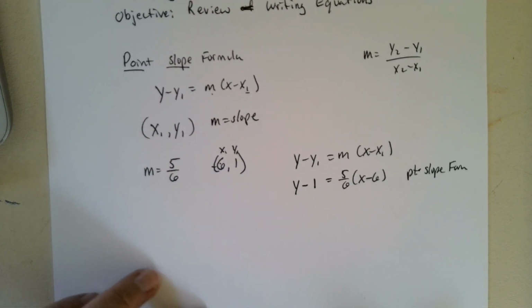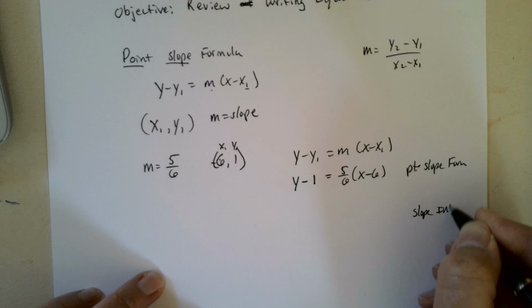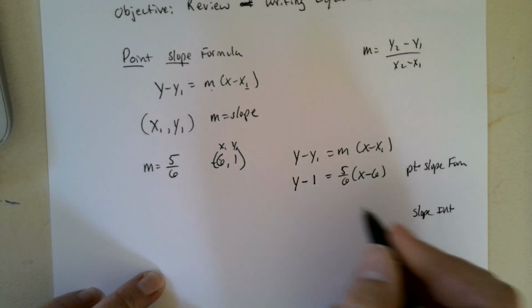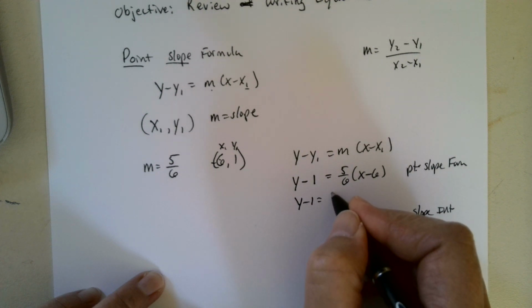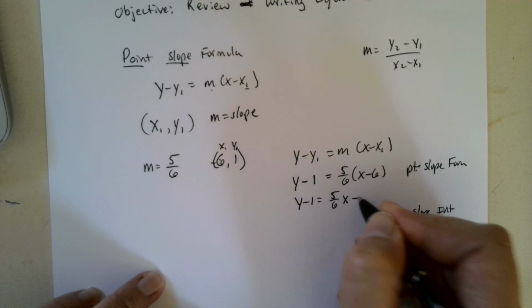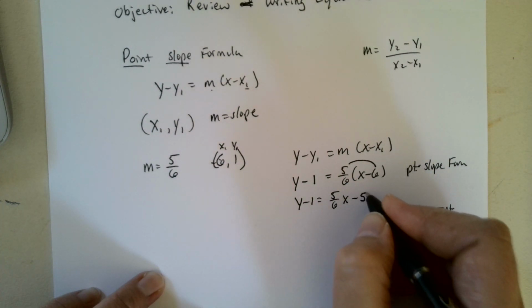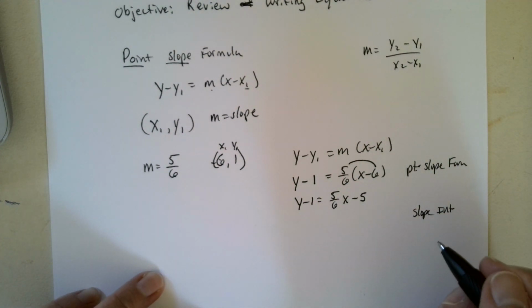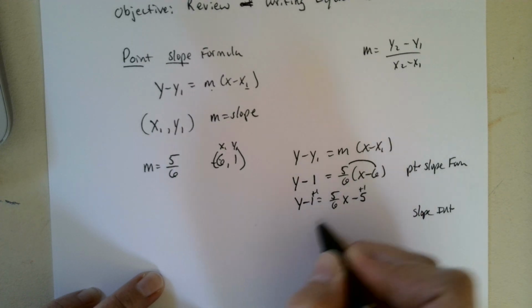So what we're going to do is get ours into slope-intercept form so we could graph it if we needed to. To do that, you just do the algebra. We're going to distribute the 5/6, so we have 5/6 x minus, and when you take 5/6 times 6, the 6 cancels out, and that leaves the 5. We worked on that in chapter 9. Then we want to get the y completely by itself, so we add 1 over.